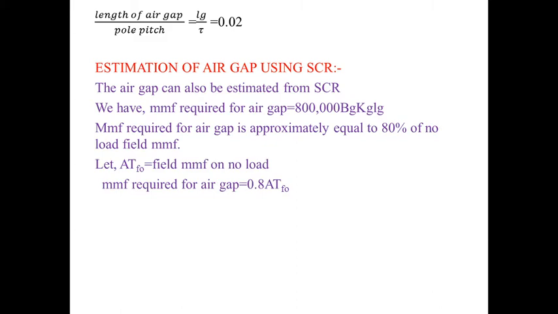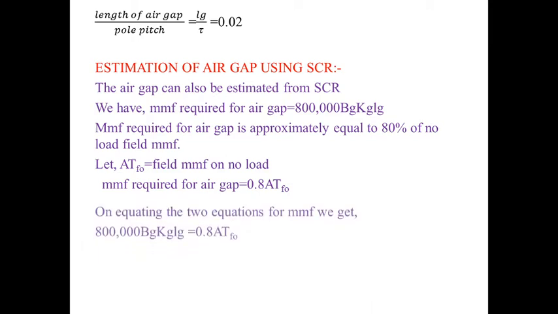Let ATF naught be the field MMF on no load, and the MMF required for the air gap, that is magnetic motive force required for the air gap, is given by 80% of ATF naught, that is 0.8 into field MMF on no load.